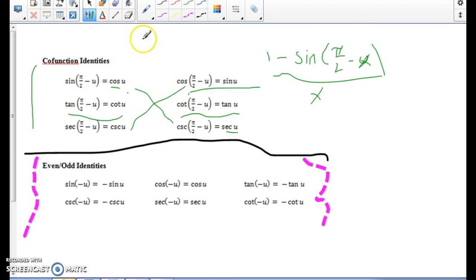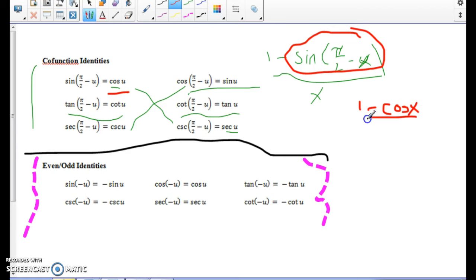So I said, oh, that's a special identity. This right here, and I whipped out my trig book. That is the same as cosine u. So then we end up with 1 minus cosine x, sorry, because it's an x now, over x, which happened to be a special case from their text notes, and they're able to find the limit now.